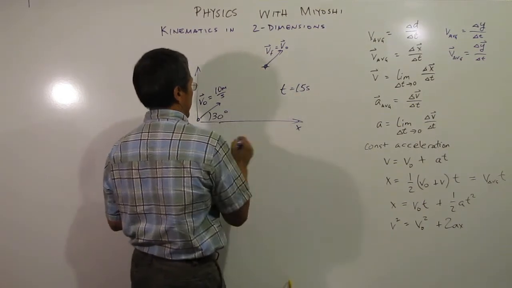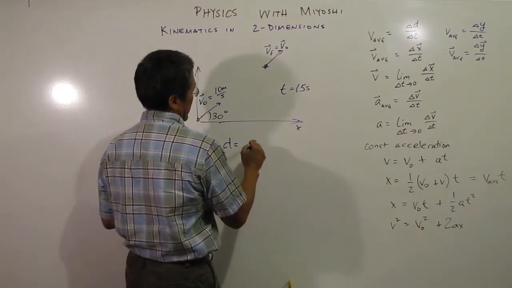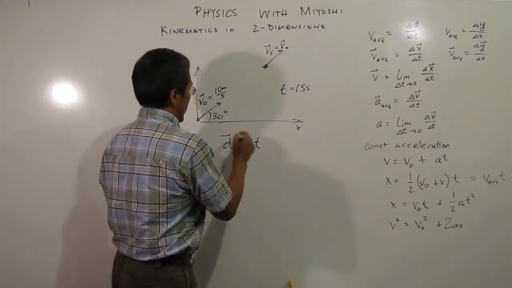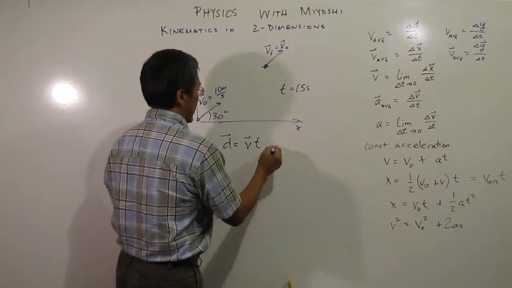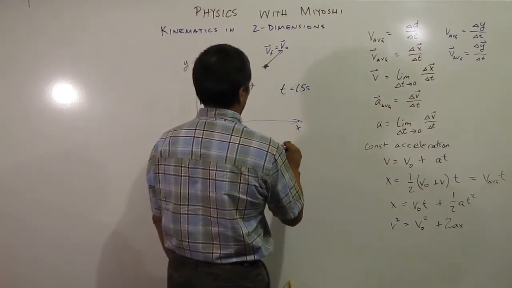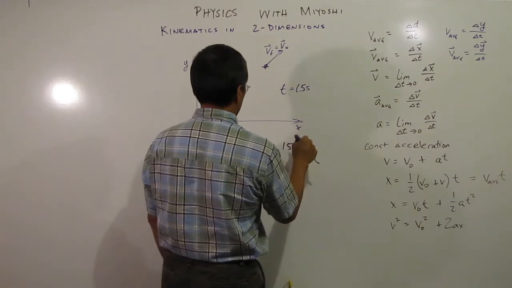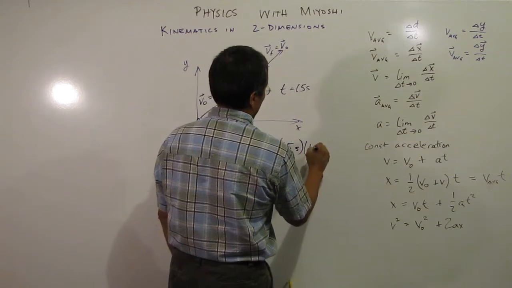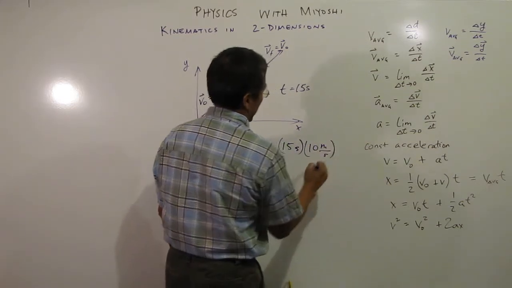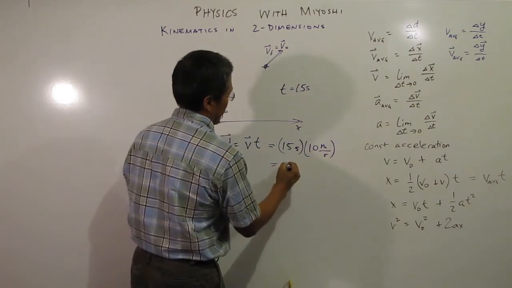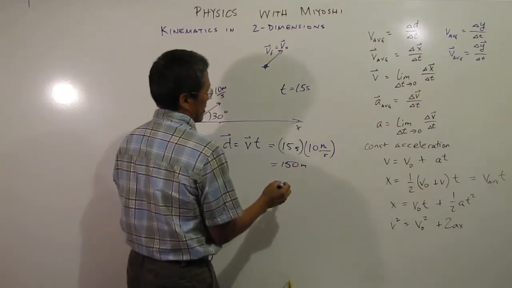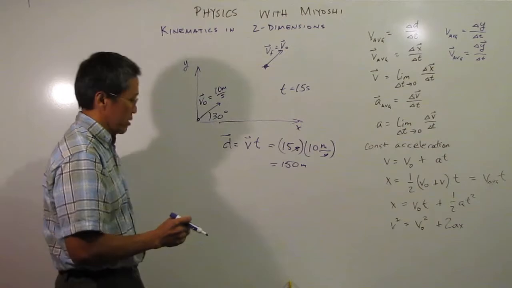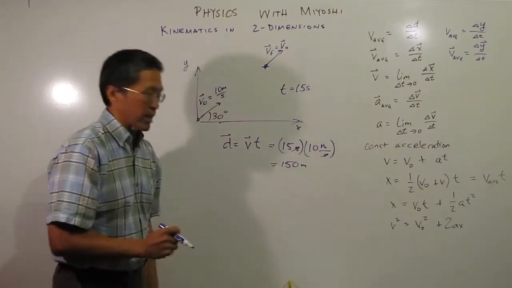So this d would be velocity times time. 15 seconds times 10 meters per second would give me 150 meters in that same direction. Well, in most cases, it's not going to be that simple.